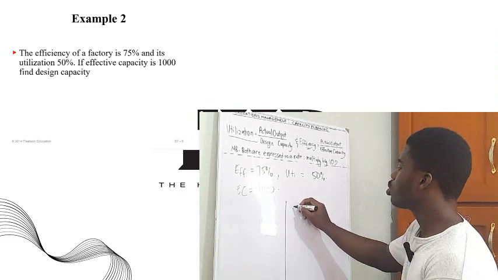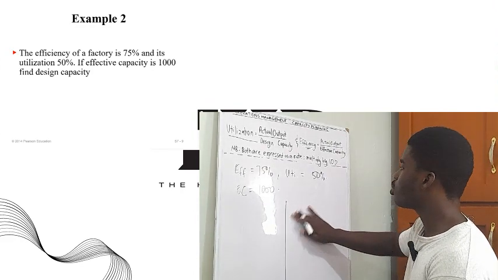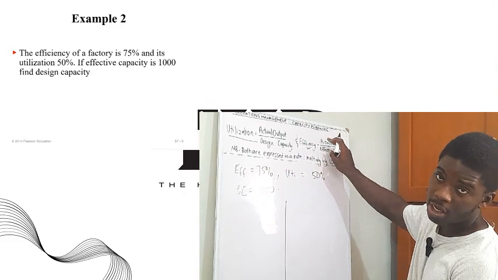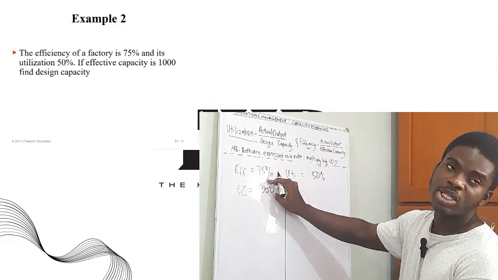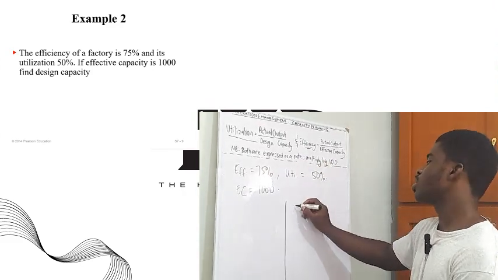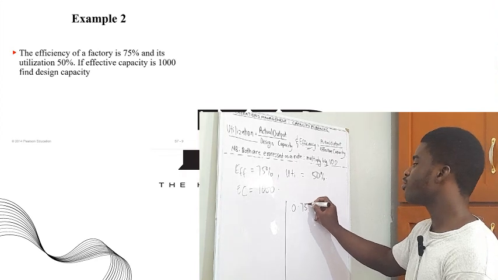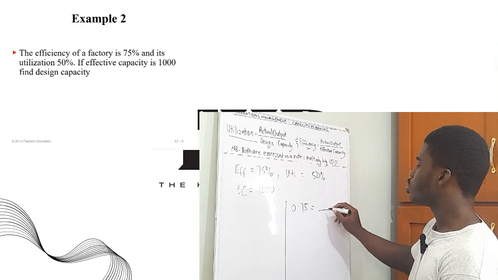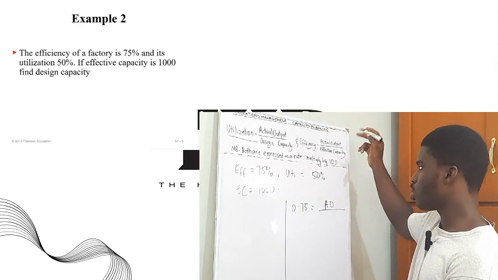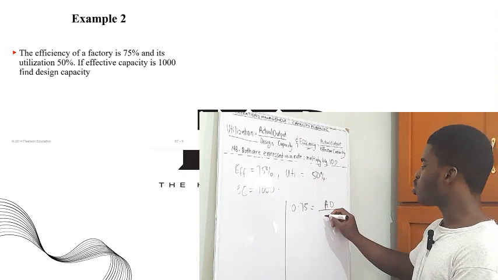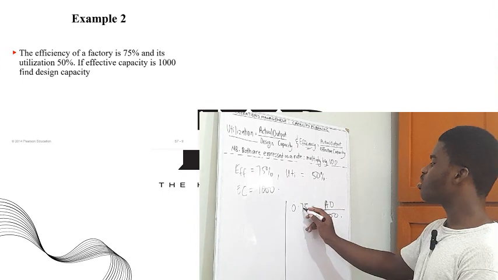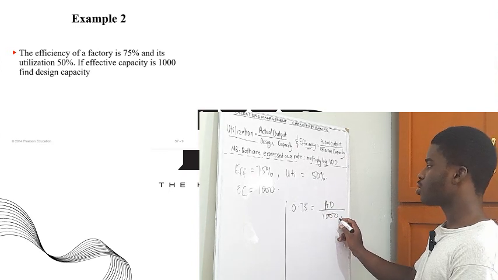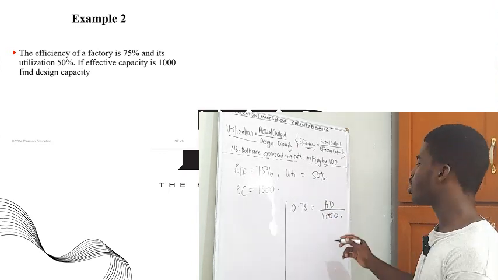So for the actual output, you just fix these values into the formula. 75%, when you convert to decimals, will be what? 0.75. So 0.75 is equal to actual output over effective capacity. We don't know what the actual output is. The effective capacity was 1000. So when you multiply this by 1000, what do you get?